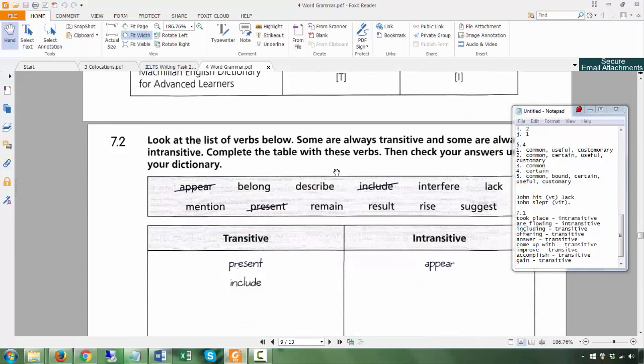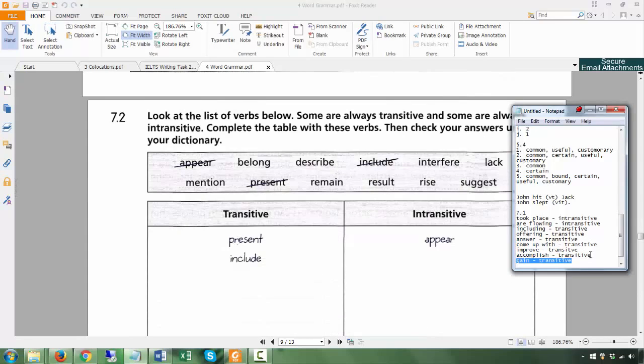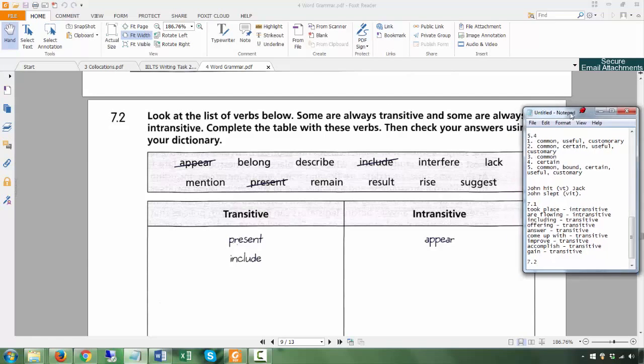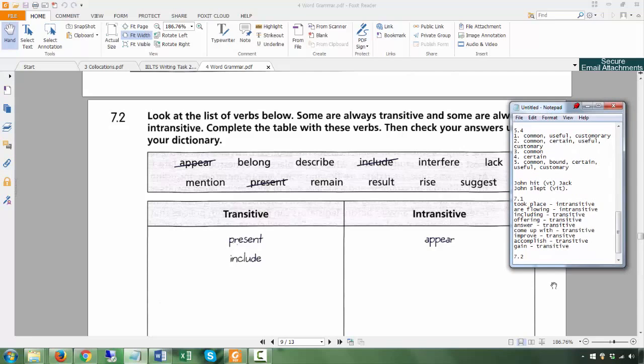Going to 7.2. You are going to separate this, divide this into two columns. Again, this is where I mentioned that some verbs are always transitive or intransitive. So these verbs are always one or the other, right?